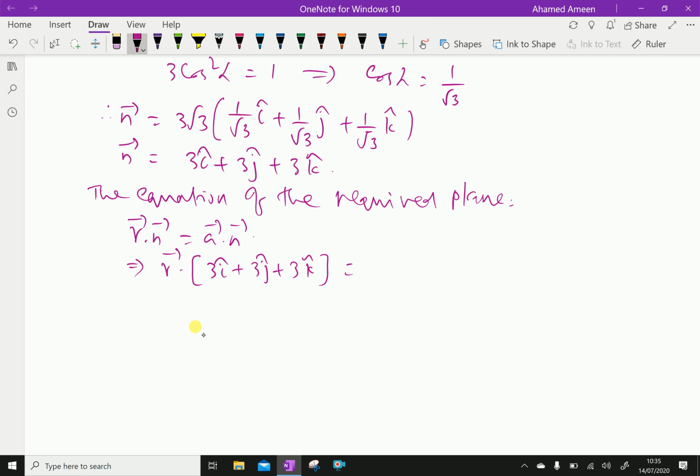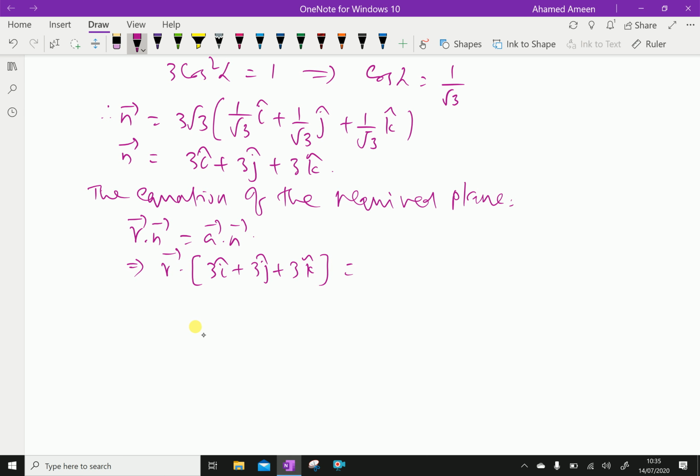Therefore r vector dot 3i plus 3j plus 3k equals the dot product, that is minus 1 into 3 plus 1 into 3 plus 2 into 3. So which is equal to minus 3 plus 3 plus 2 into 3, which gives 6.